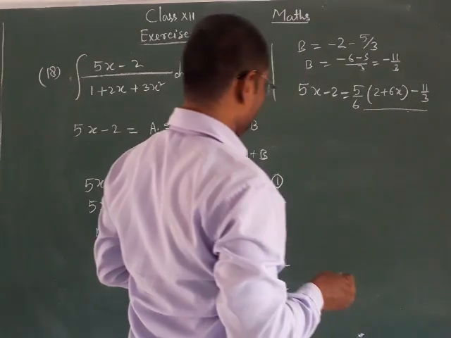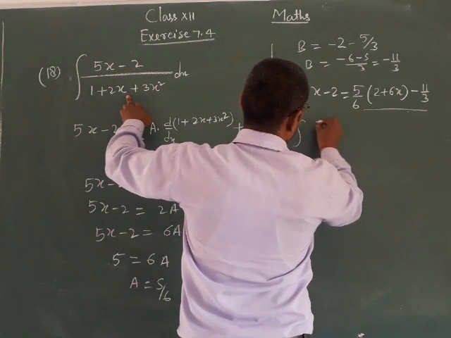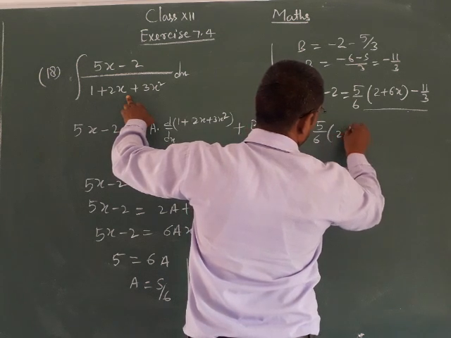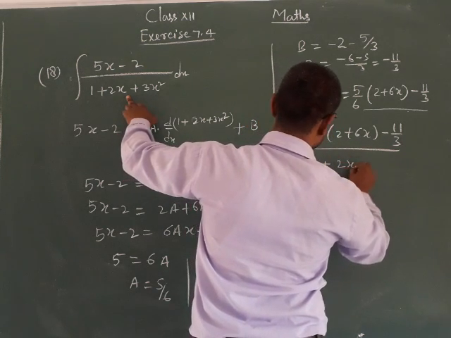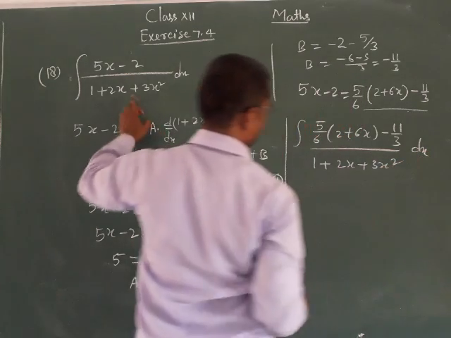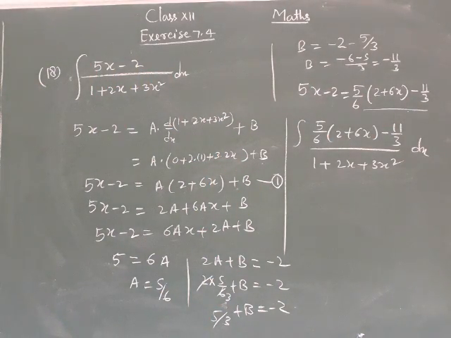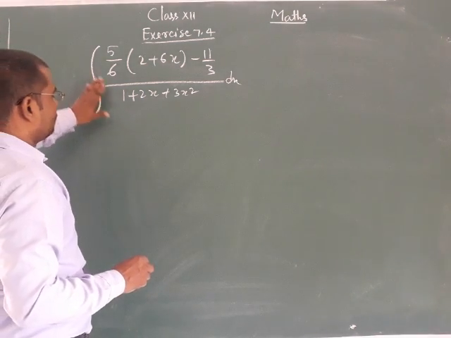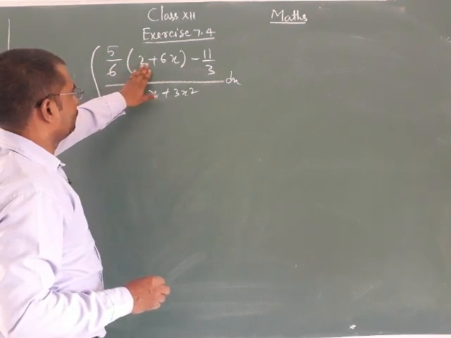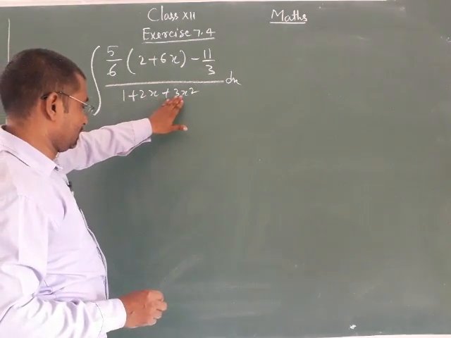Now we get integral of 5/6 in bracket 2 plus 6x minus 11 upon 3 upon 1 plus 2x plus 3x square dx.